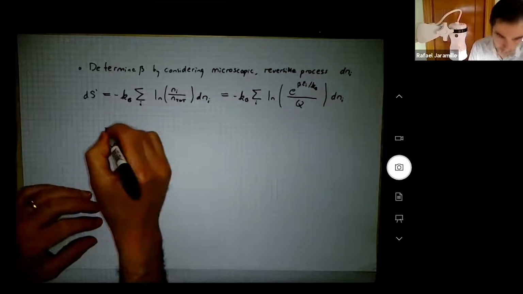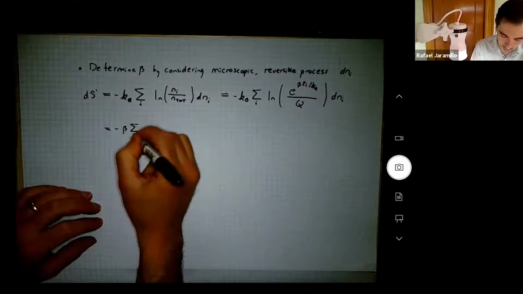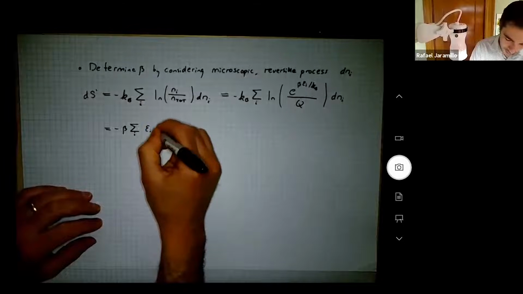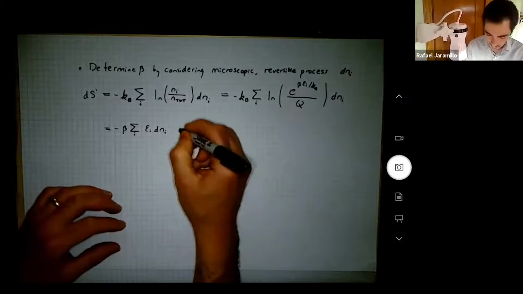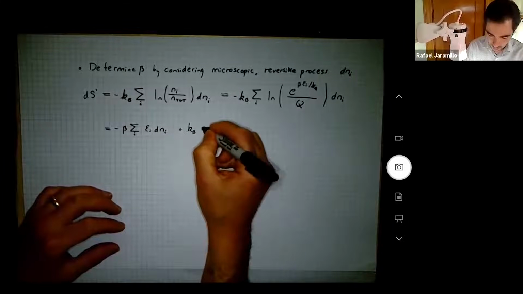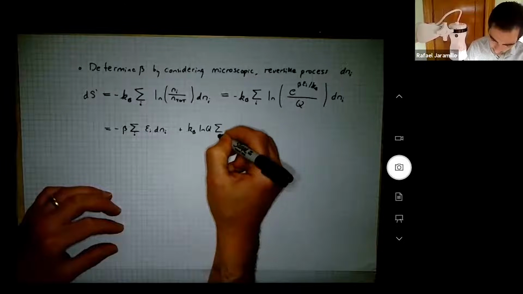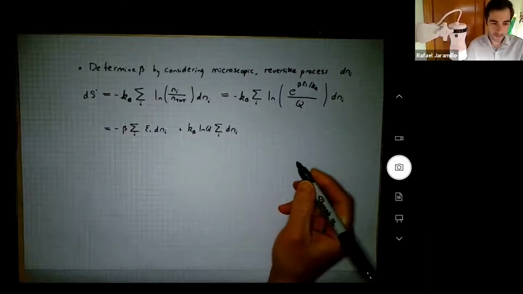And this equals minus beta sum over i of epsilon_i dn_i, plus k_B beta log of Q sum over i of dn_i.